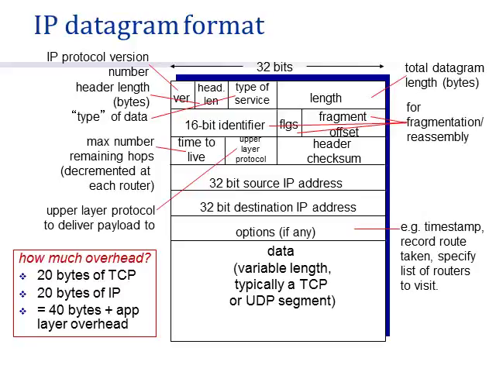You can calculate the header: count the rows just before the options and payload field, there are 5 rows, and each row is 32 bits, which is 4 bytes. So 5 times 4 bytes gives 20 bytes, the header length of an IP datagram.